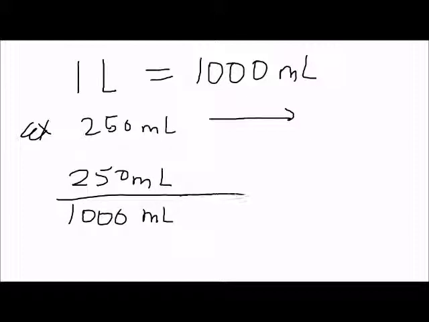With that, we end up getting 0.250 liters. Now, this is something you just have to practice, so the more practice you get, the better you're going to be. The reason you end up with liters is because the milliliters cancel out, and the liters is the only thing left over.